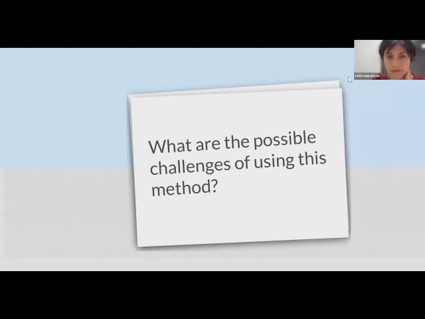Any other challenges that you can think of? I was thinking, if I work with little kids, I would not use this as an individual activity. My question is about it as a group activity.